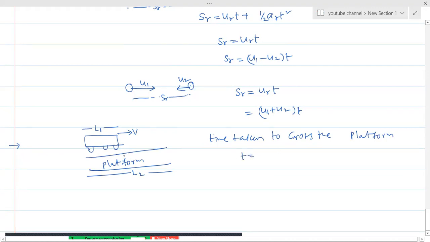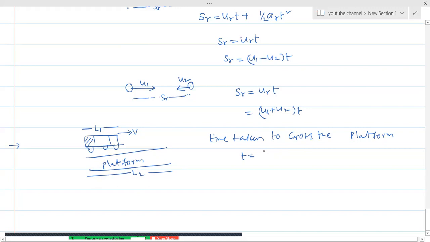Distance means we need to understand that in order to cross, whether the train is moving in the forward direction or backward direction, every part of the train, that means every inch of the train, has to cover the entire platform distance.